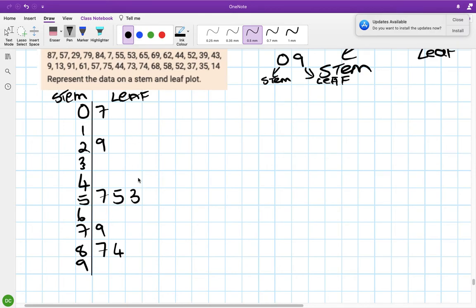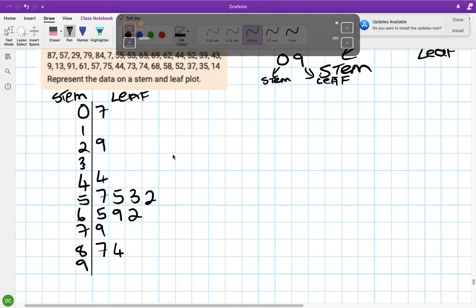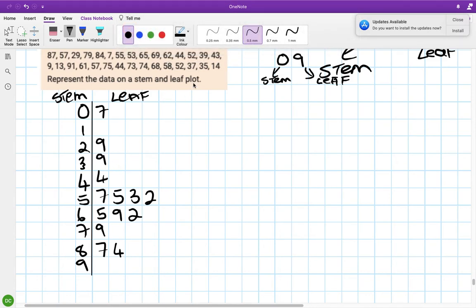55, 53, 65, 69, 62, 44, 52, 39, 43, 9, 13, 91, 61, 57, 75, 44, 73, 74, 68, 58, 52, 37, 35, and 14.